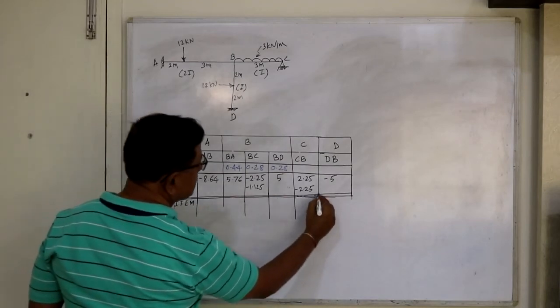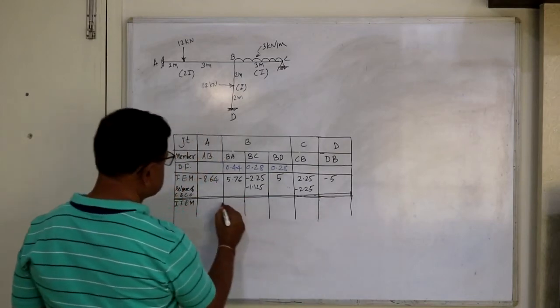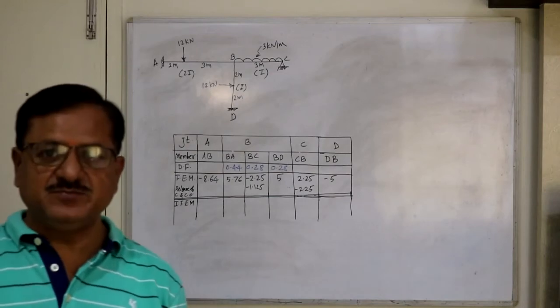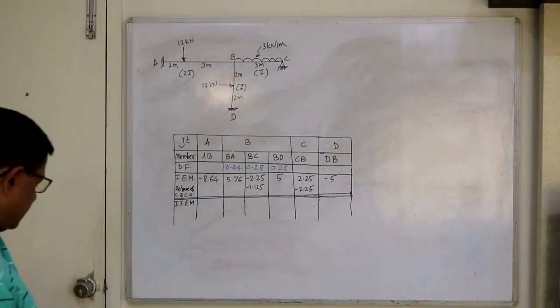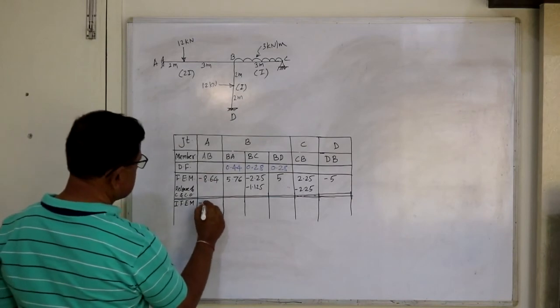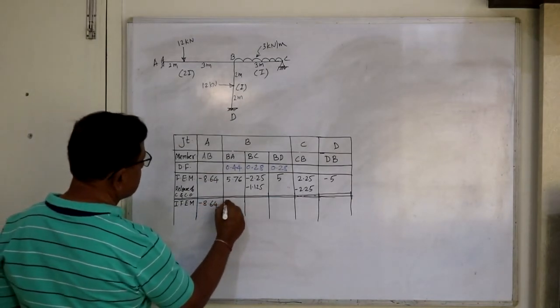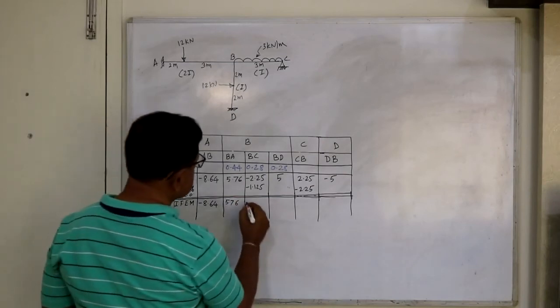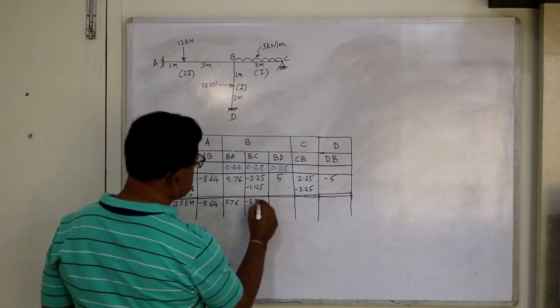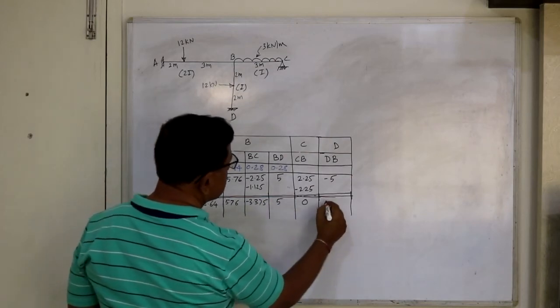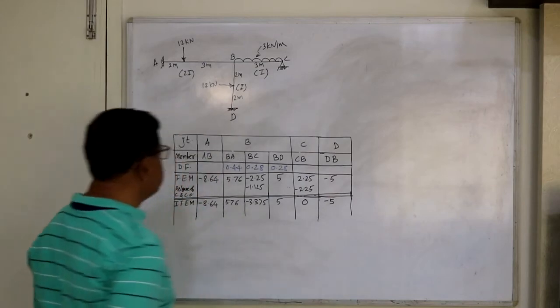Later on, while taking the final summation, we must take the summation below this double line only, under each of the supports. So let's take the summation. This is minus 8.64, 5.76, and this is minus 3.375, this is 5, this is 0, and this is minus 5.